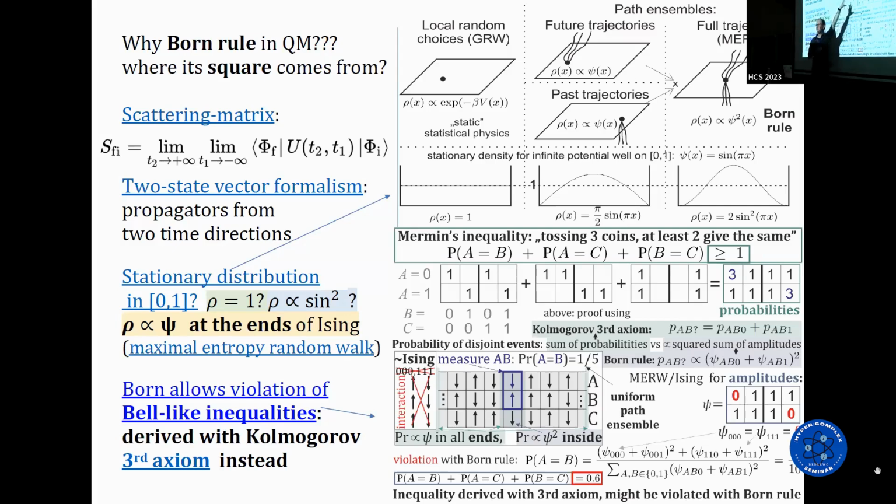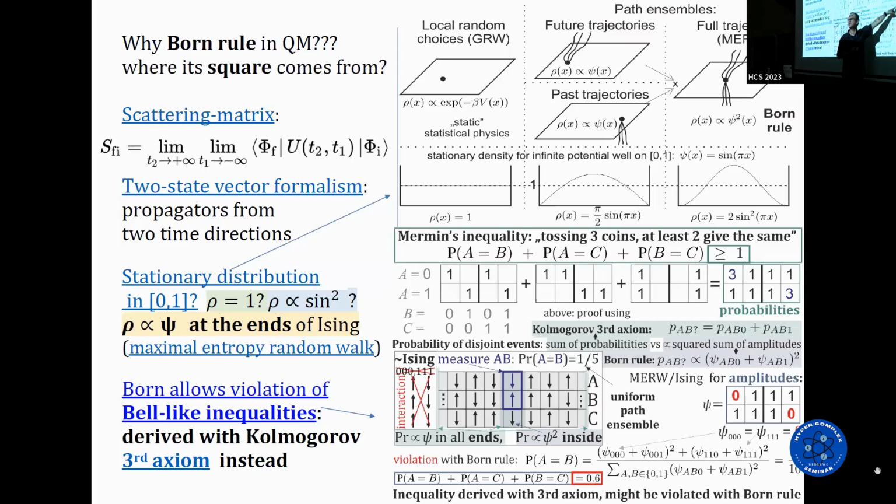Whatever joint probability distribution we assume, the probability of A equal to B corresponds to these 4 possibilities. This for 2, this 4, this 4. If you sum it, then we get at least 1 everywhere. So it has to be at least 1 because all 8 probabilities have to sum to 1.